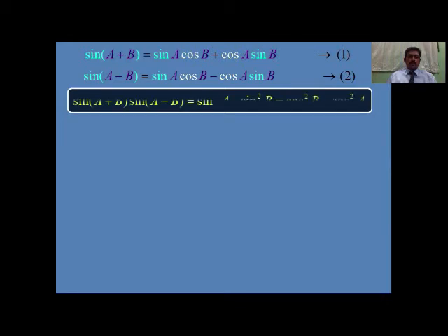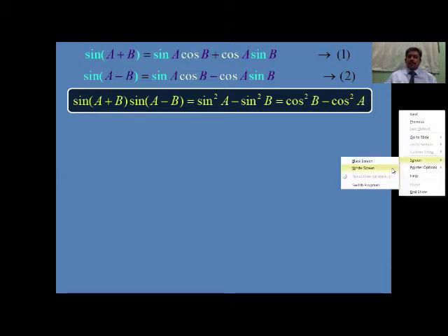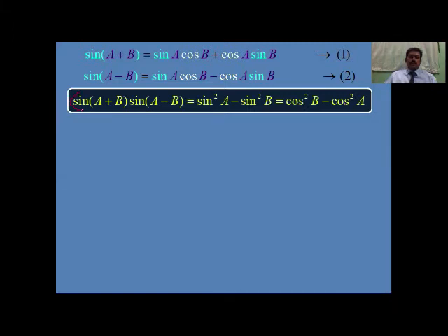That is sin a plus b into sin a minus b equal to sin square a minus sin square b, that is also equal to cos square b minus cos square a. To derive this, if you observe the left hand side term, it is in the form of multiplication. So therefore, we are going to multiply equation 1 and equation 2.